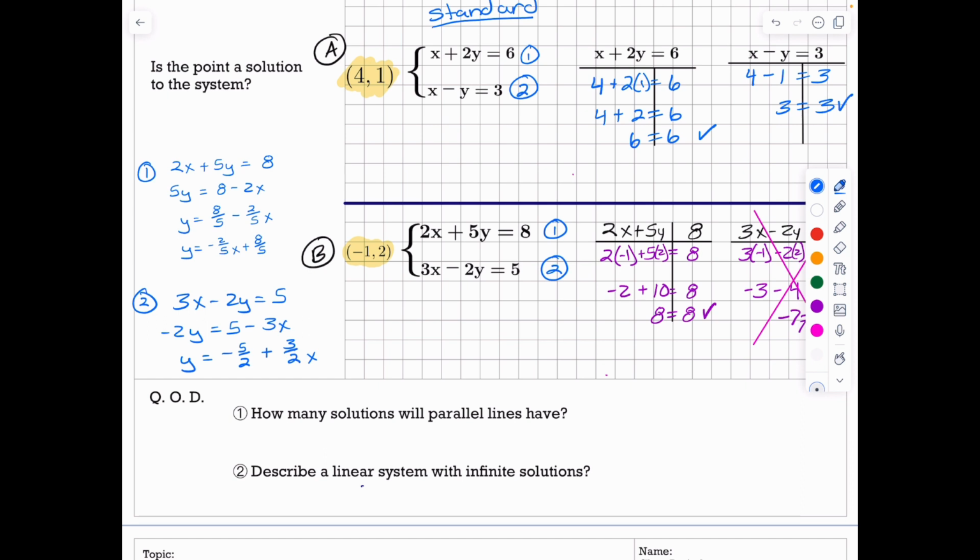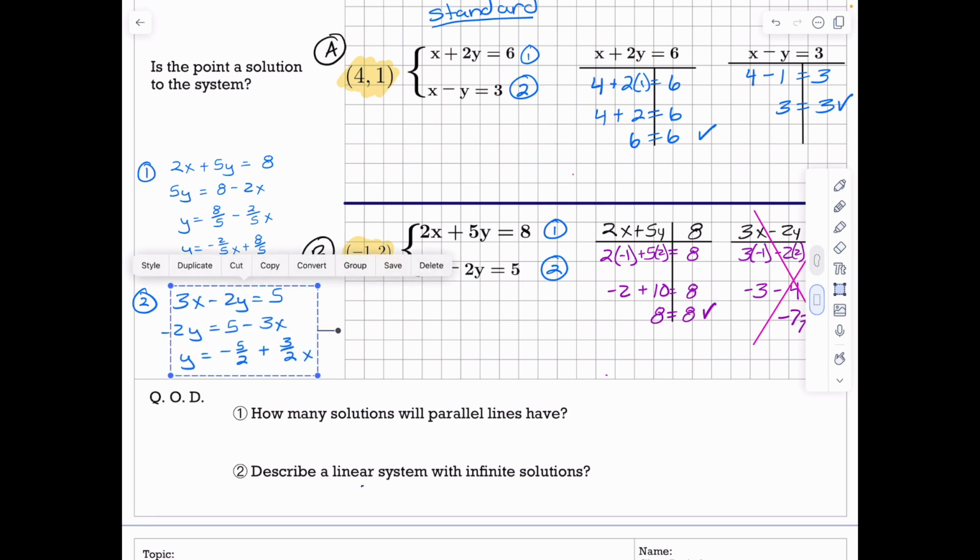And it's fine like it is for Desmos anyway. But we'll go ahead and put that in proper slope-intercept form.